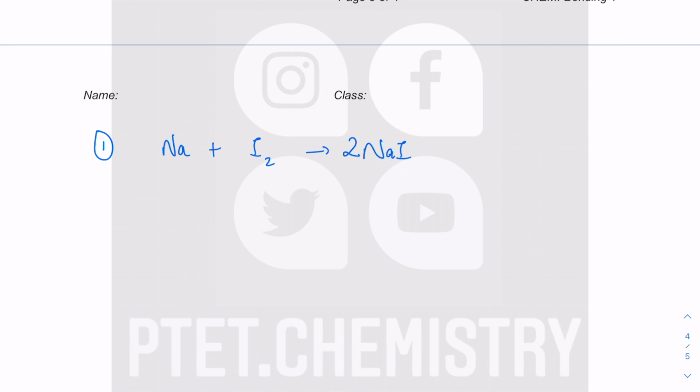That's why there is a 2 in front of the NaI, in order to give me 2 sodium atoms on the right hand side to balance the 2 sodium atoms on the left hand side, because I have 1 times 2 equal to 2 times 1. So 2 sodium now give me 2 sodium. This is a balanced equation. You will learn more about this in the next topic on stoichiometry and the mole concept.